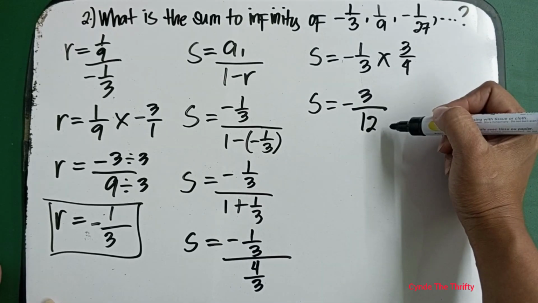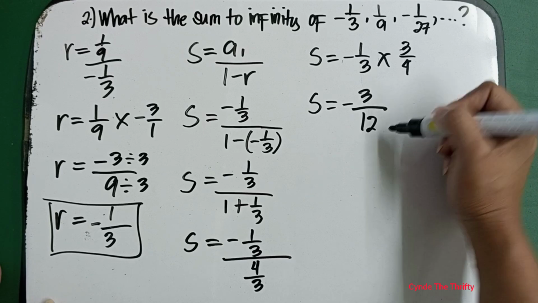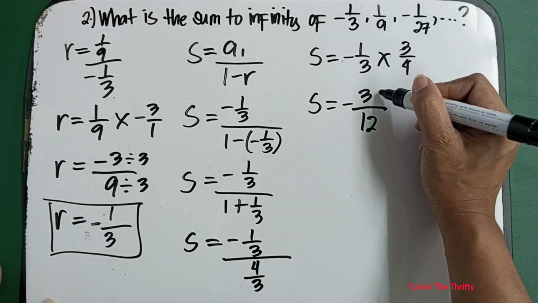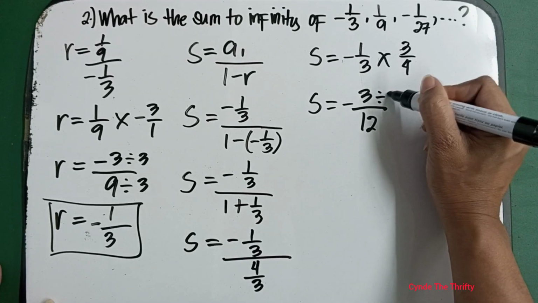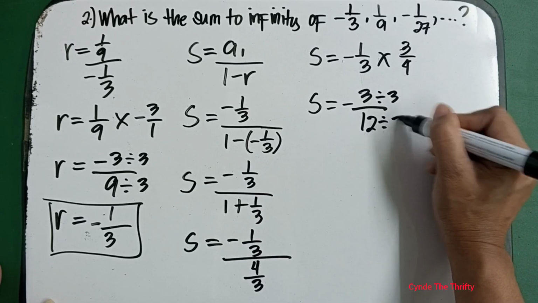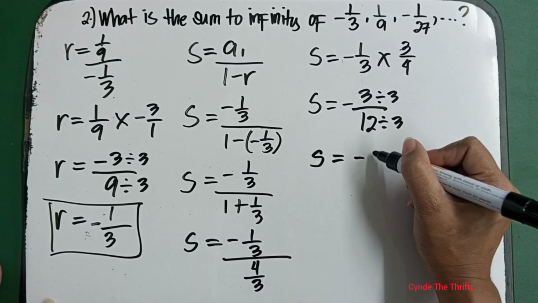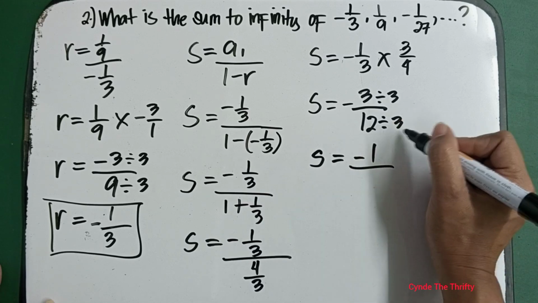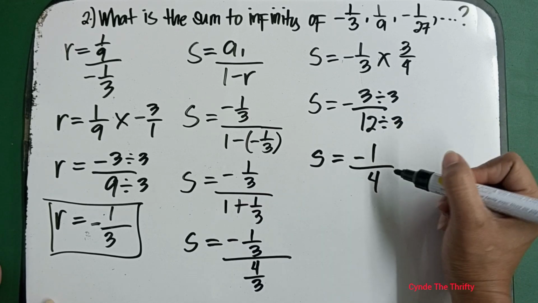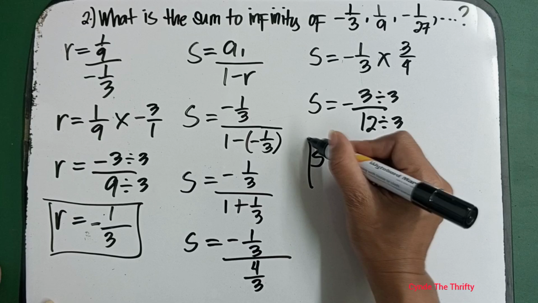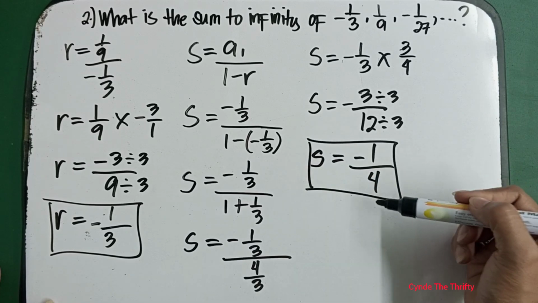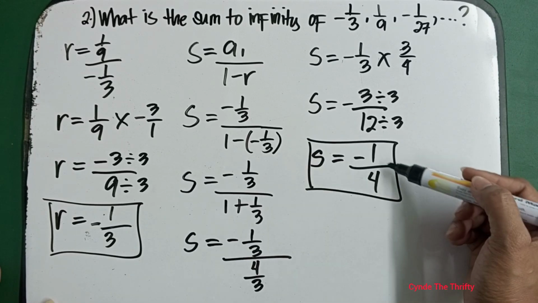Kasi pwede pa natin siyang i-reduce into lowest term sa pamamagitan ng pag-divide sa kanila ng GCF nila na 3. Okay, so divide 3. So, negative 3 divided by 3 is 1 over 12 divided by 3 is 4. So, therefore, the sum to infinity is negative 1/4.